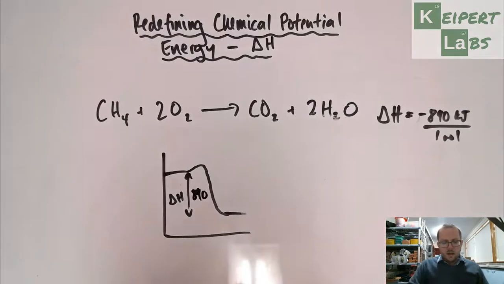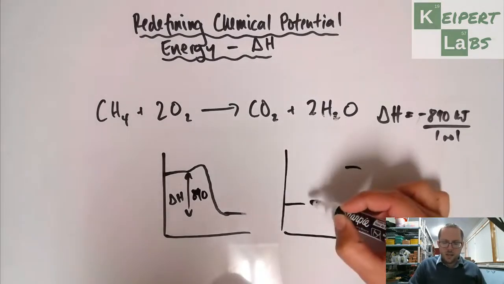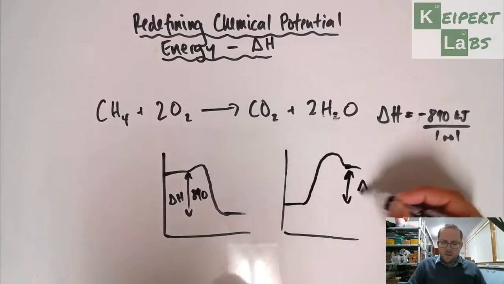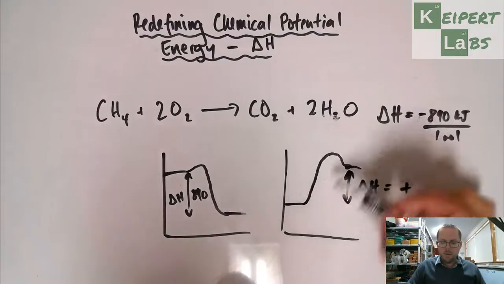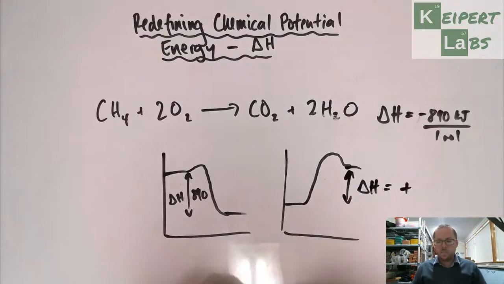Likewise, if I have a chemical reaction that starts here and finishes here, my delta H is going to be positive. I've gone up from low to high. My system has gained a certain amount of energy, and I can measure that.